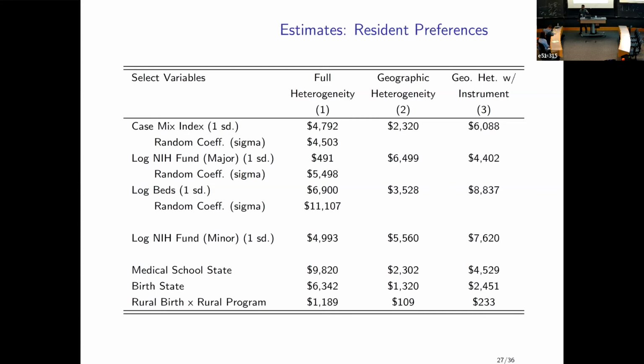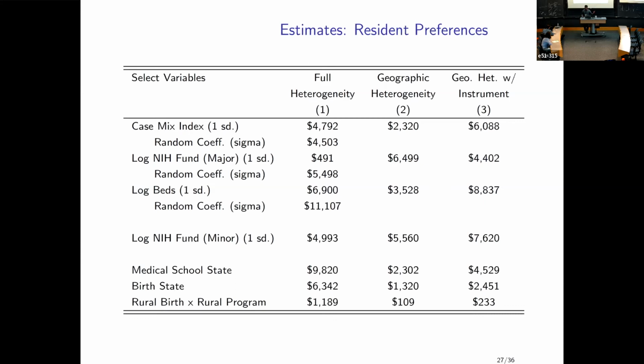My medical resident friends always want to go to the programs that have lots of patients with gunshot wounds in the inner cities, because that's where you learn the most. NIH funding, the big academic medical centers, that's where the medical residents want to go. They would take a salary cut in order to go there, and to larger hospitals, etc.